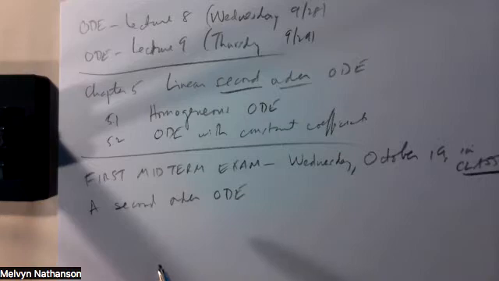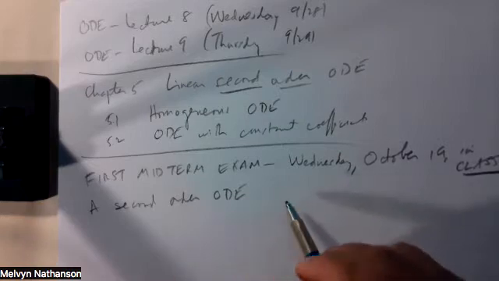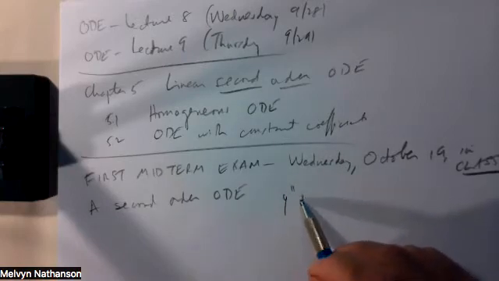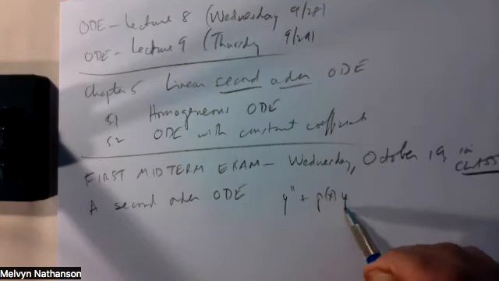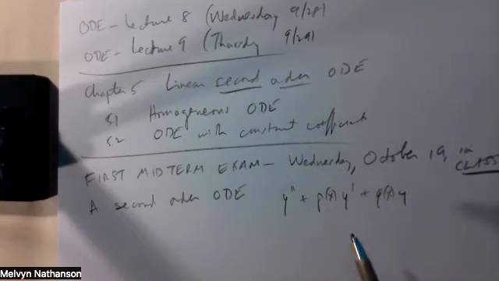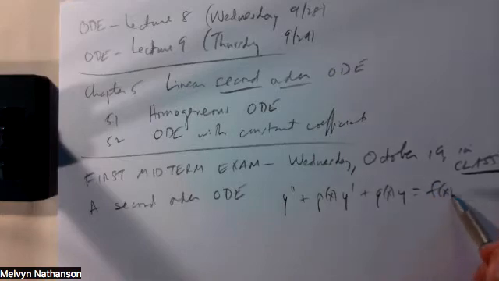And linear means it can be written in the following form. If your unknown function is y, the second derivative plus some function of x times y prime plus some function of x times y equals f of x.